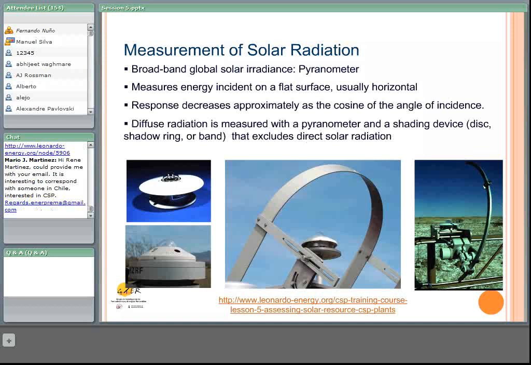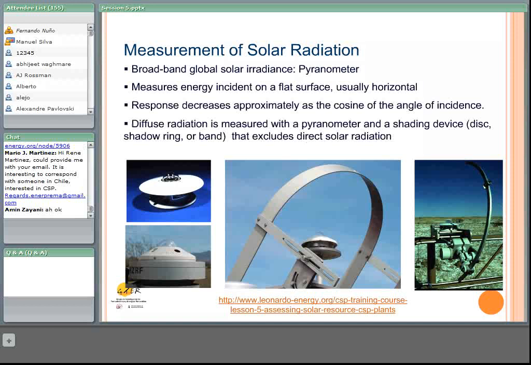Global horizontal radiation is perhaps the most readily available measurement in many places of the world. It's easier to measure than direct or even than diffuse because you just need to install it on a horizontal surface, make sure that it's really horizontal, and record the measurements.